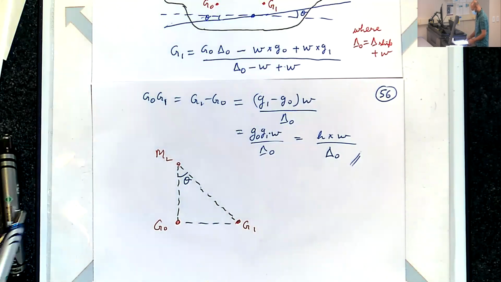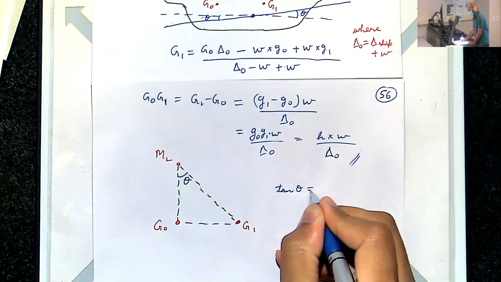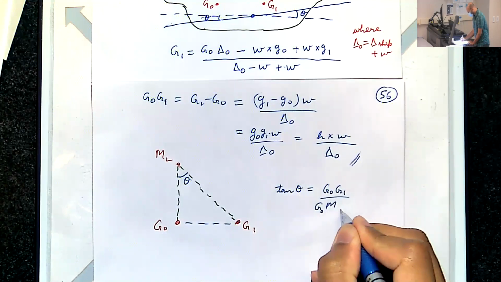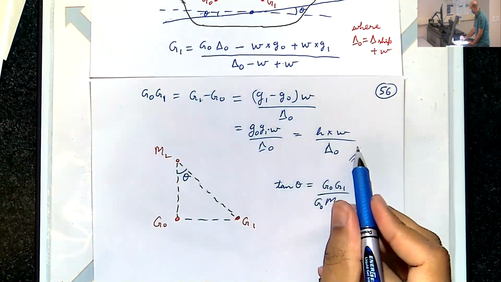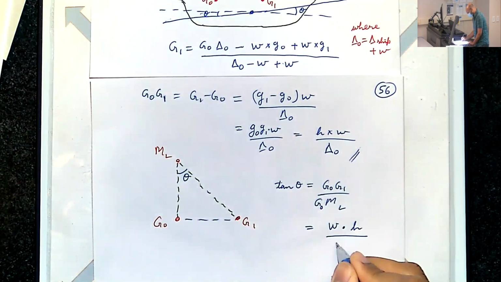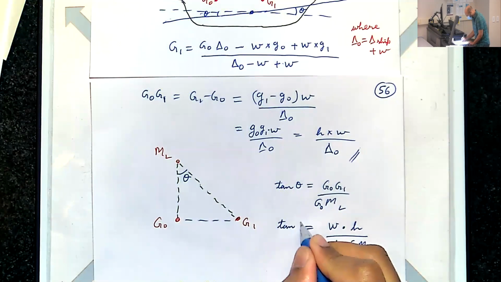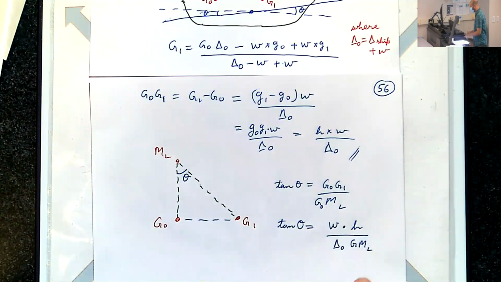Okay, just using trigonometry, you see here tan theta is G0G1 over G0M. G0G1 we just found here, we'll just plug that in. So we have W times H divided by delta 0 times G0M. Okay. So we have a way to relate the change in angle to the weight and how far it moved.